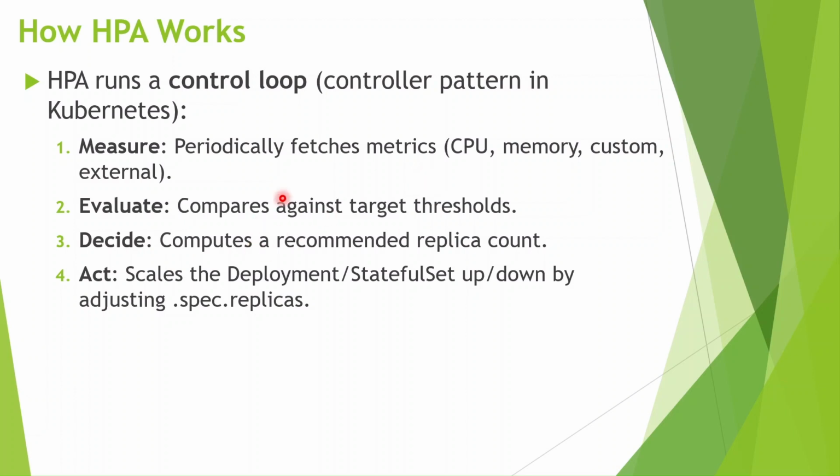So it compares against those thresholds and decides. It then computes a recommended replica count. Based on this evaluation, it decides whether it needs to increase the replicas, decrease them, or take no action. And based on that, it will scale the deployment or StatefulSet up or down by adjusting spec.replicas in your deployment.